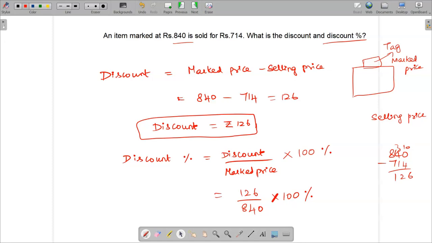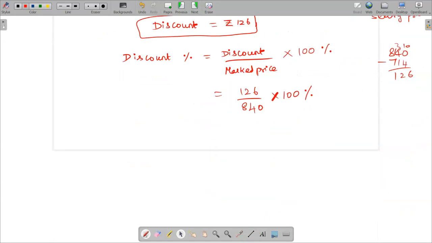Now we can cancel out. We can apply the 4 tables. 4 2s are 8, 4 1s are 4, and here the 0 we can write as it is. 4 2s are 8, balance is 2, it will become 20, 5 4s are 20. So we can apply the 5 tables. 5 1s are 5, 5 5s are 25.